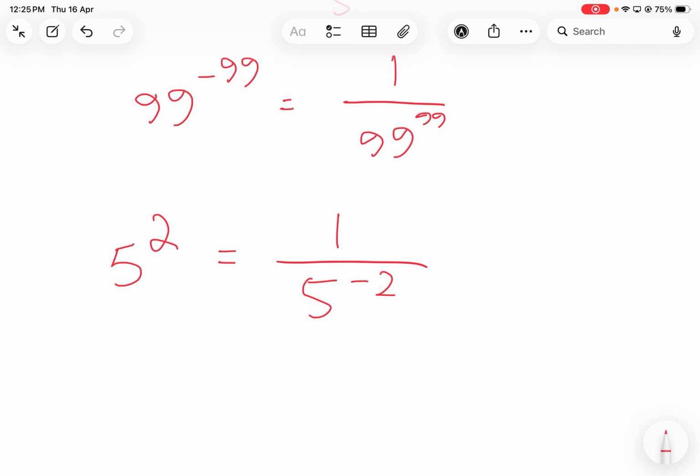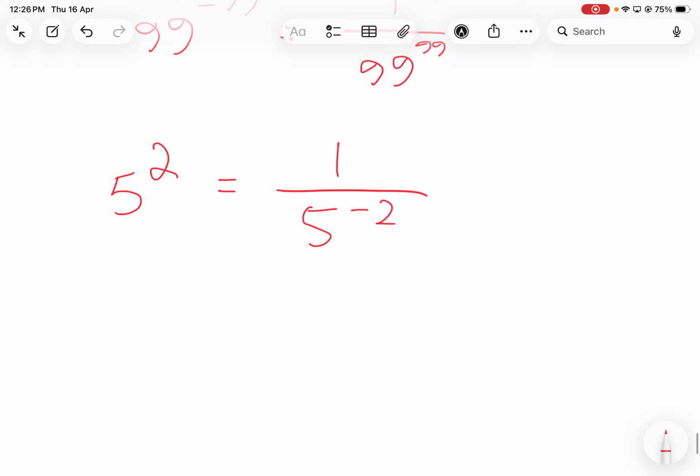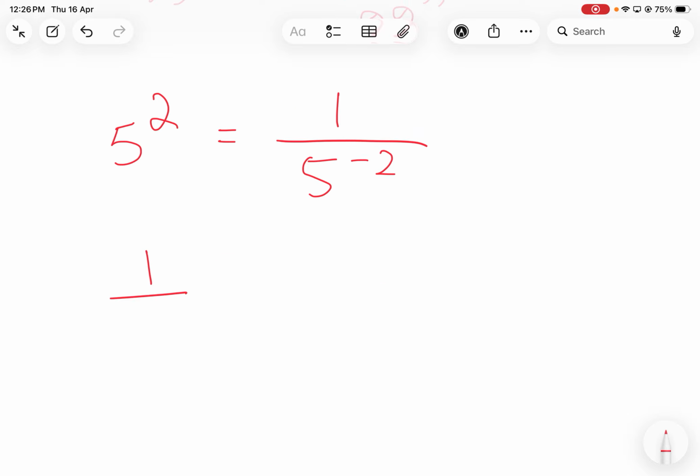So the relationship between numerator and denominator is just changing the sign of the index. The reverse is also true. If I have 1 over 3 power negative 2, I don't want the power to be negative. I can bring the denominator to the numerator, and the power will change to positive. It works both ways.